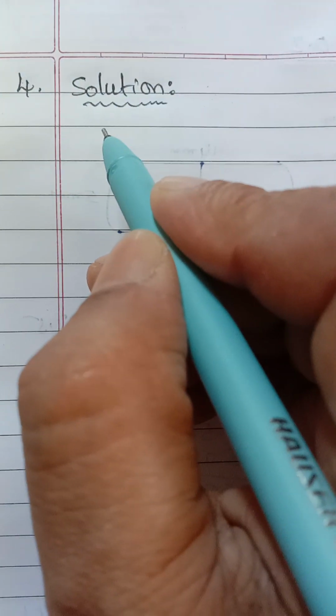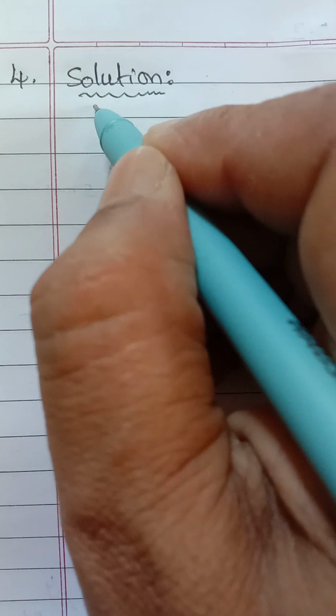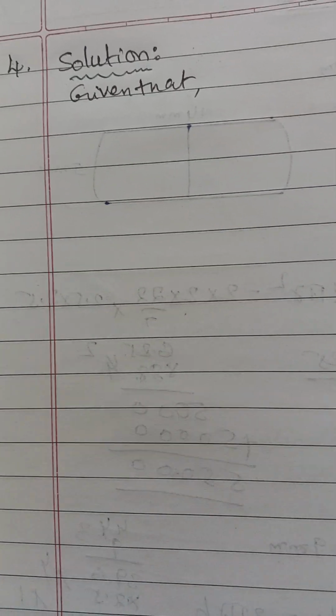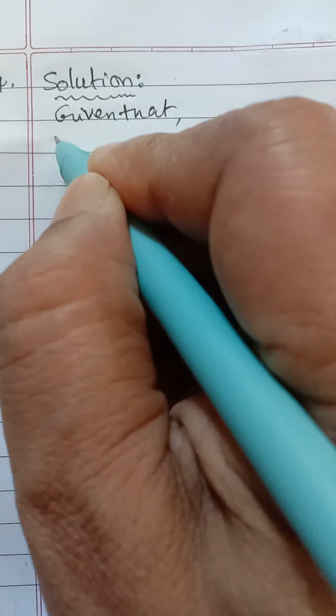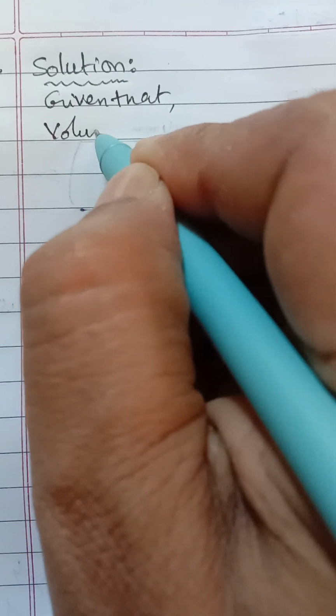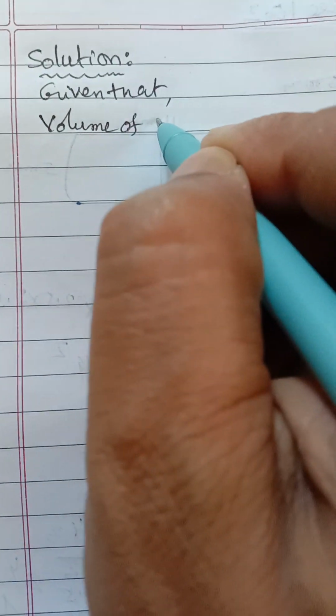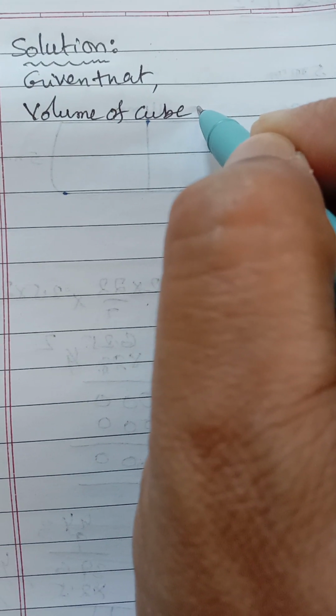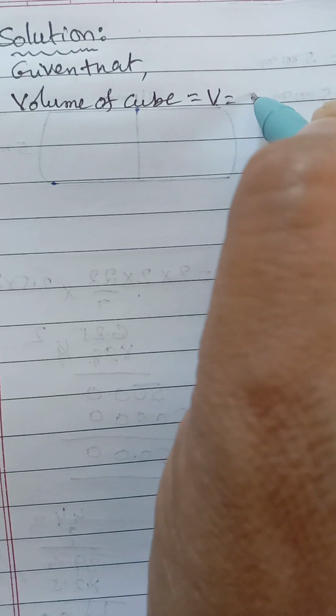Solution. Question number 4. Solution. Given that volume of cube A is equal to volume of cube B is equal to 64 centimeter cube.